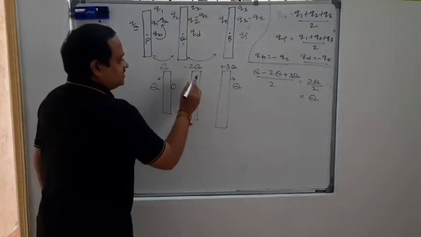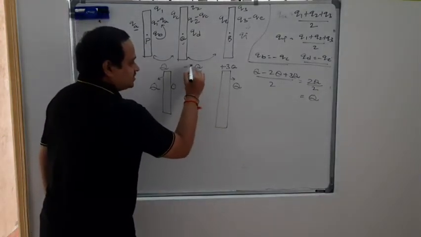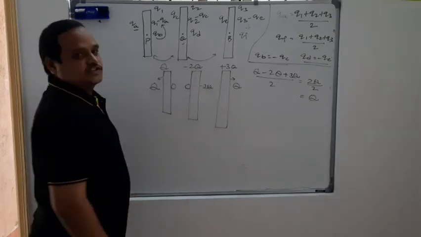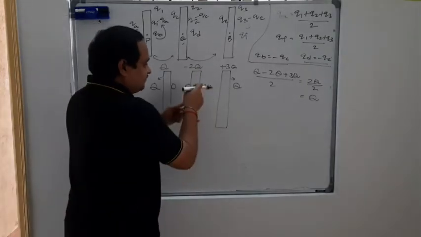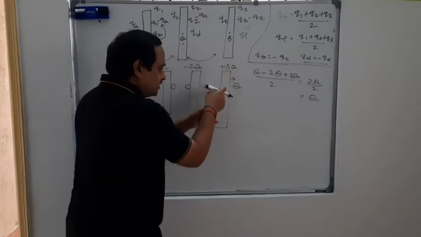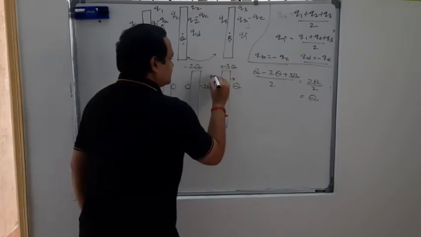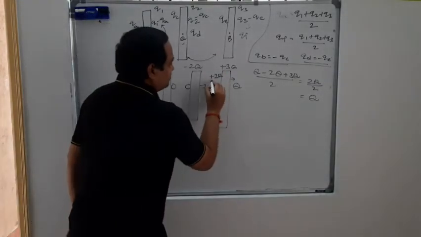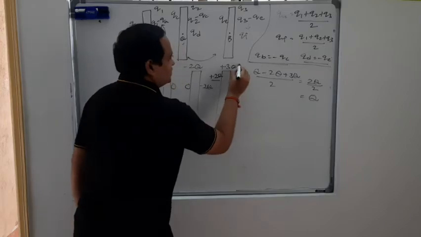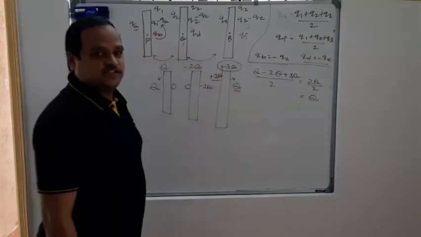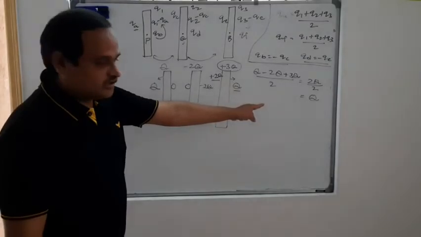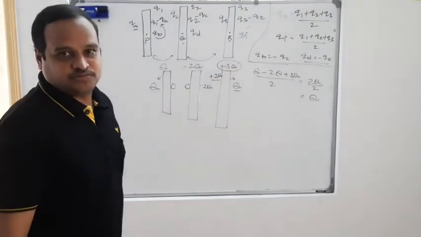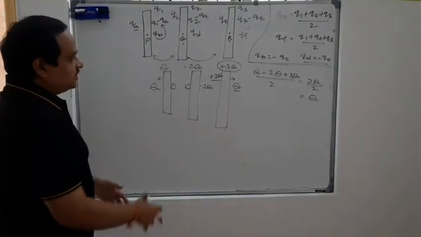Now the total charge on this conductor, minus 2q, will be accumulated on the inner plate. If this is minus 2q, then the charge accumulated on the opposite plate is plus 2q. Now you see, this is plus 2q and this is plus q. Now what is the charge on this plate? Plus 3q. If my formula were wrong, I would not get the total charge on the outer plate as 3q. Correct?